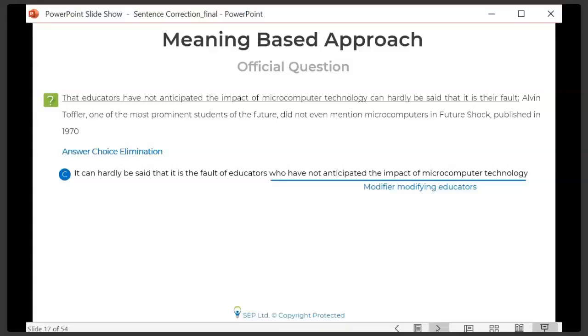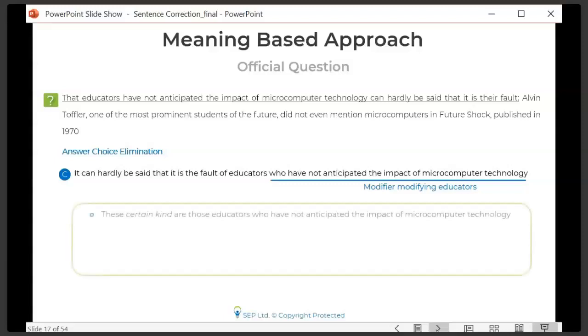So if you look at this sentence, it is not grammatically incorrect. All right. It is not grammatically incorrect. But what is the meaning of the entire sentence? Let us see that. So if we put choice C in the original sentence, then the essence reads, it can hardly be said that it is the fault of a certain kind of educators.